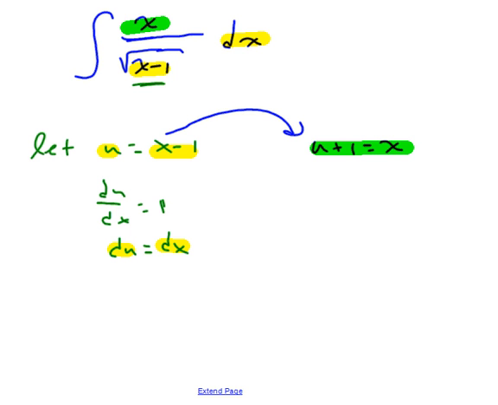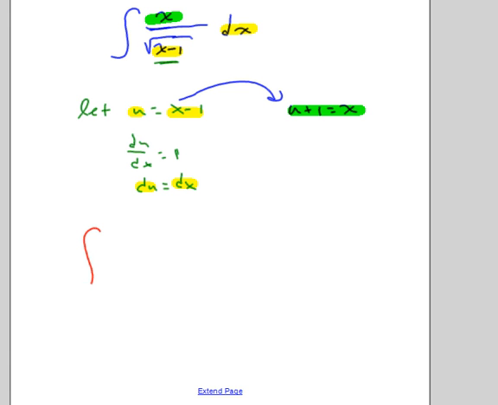So re-expressing this all in terms of u, we have the integral of u plus 1 over root u times du. Well, at this point, what we need to do is simplify and rewrite this as two fractions, and that'll make this a lot clearer.